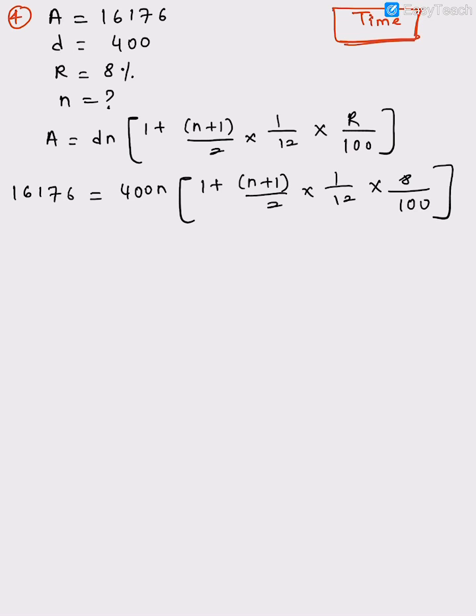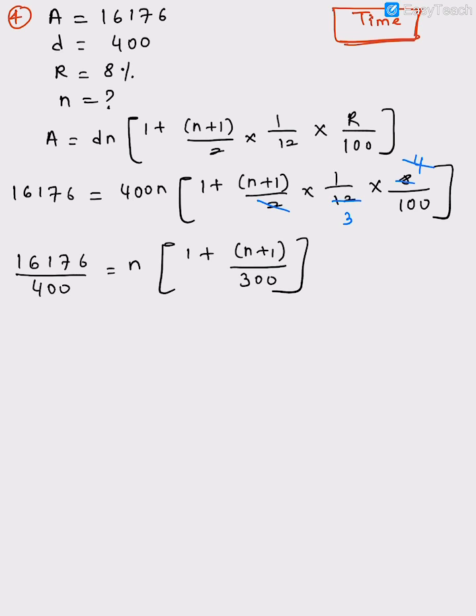Now, how to solve further? So, you will get 16176 divided by 400 is equal to n in brackets 1 plus n plus 1 upon 300.